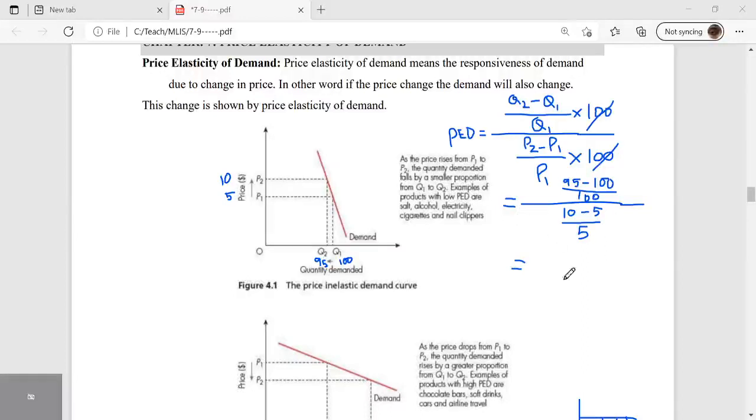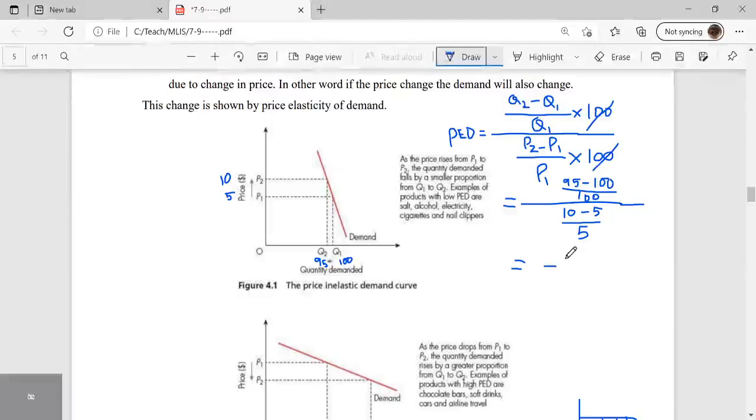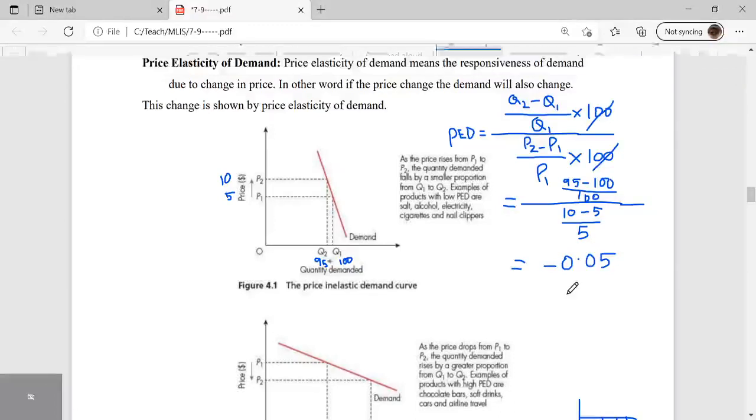So basically the answer is minus 0.05. Okay, so that's the answer for PED.